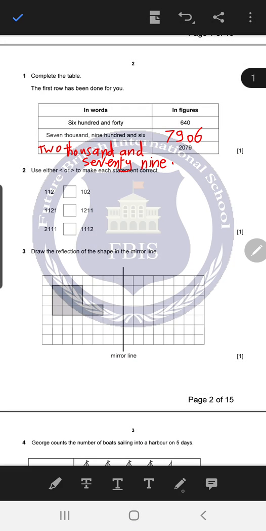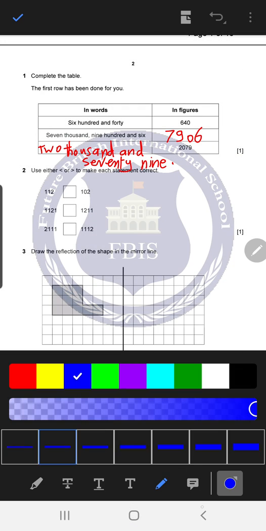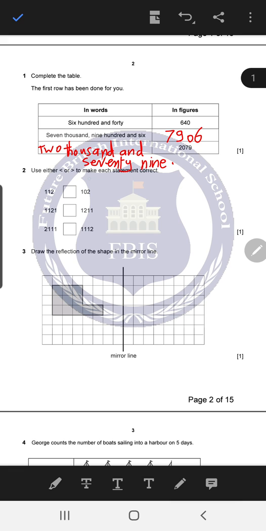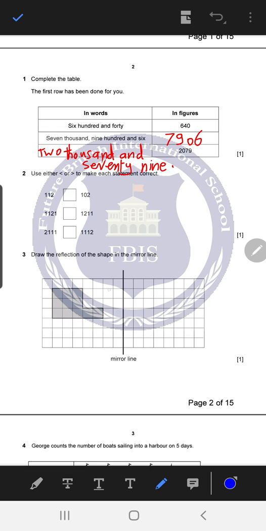Let's come to question number 2. Use either less than, more than. This number is the greatest, 112, so we put this sign.